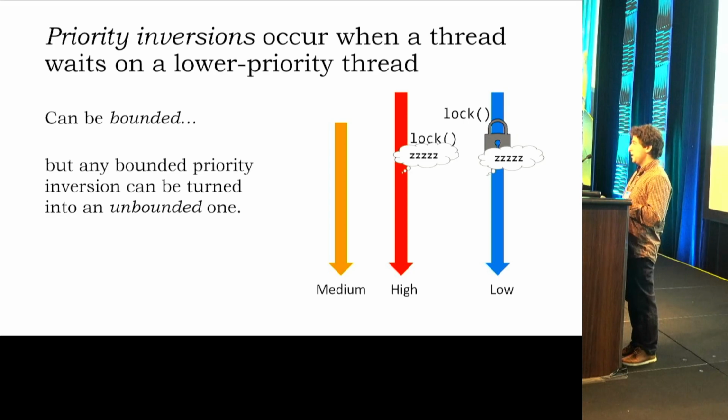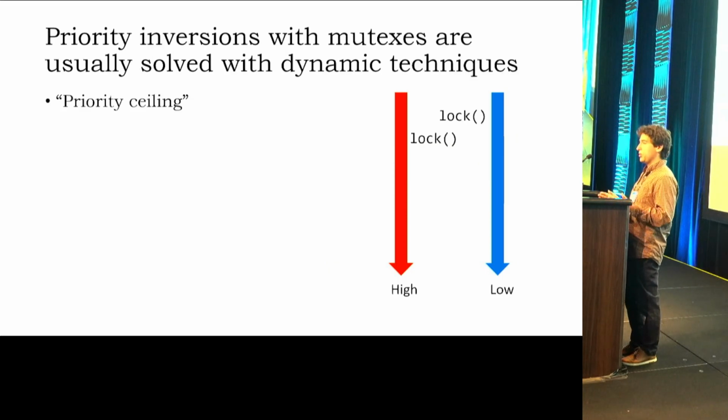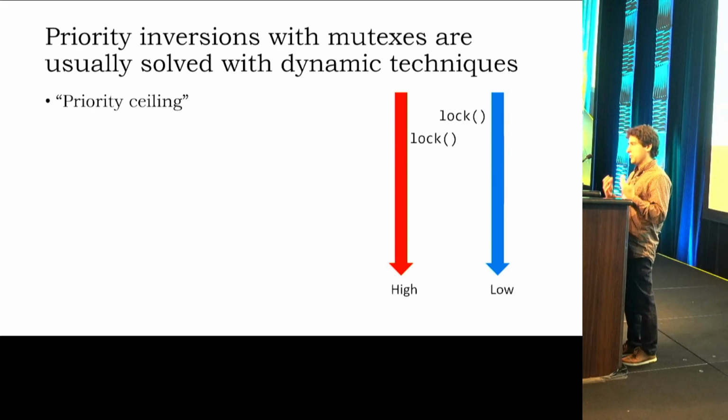In priority inversions such as this that just involve mutual exclusion locks or mutexes, there are pretty typical dynamic solutions to relieve these problems at runtime. One thing that we might do is what's called the priority ceiling protocol, which is the one we study in the paper.